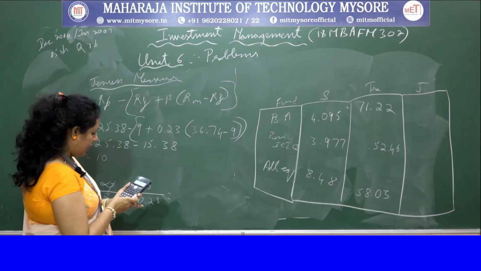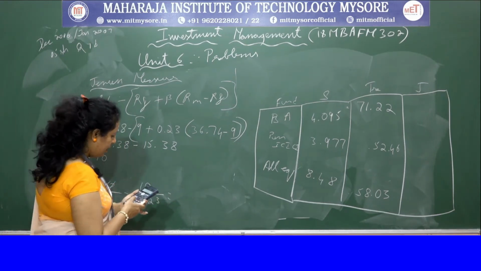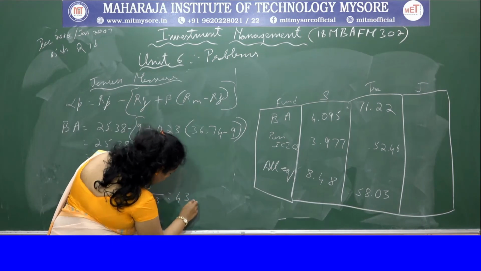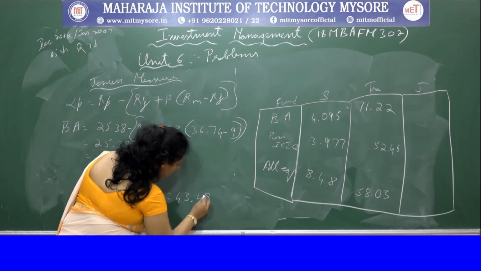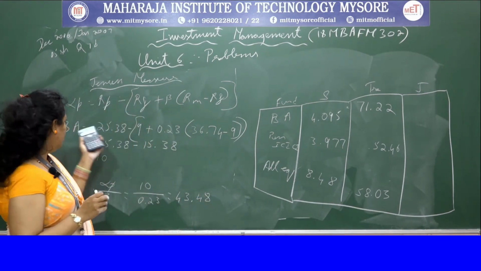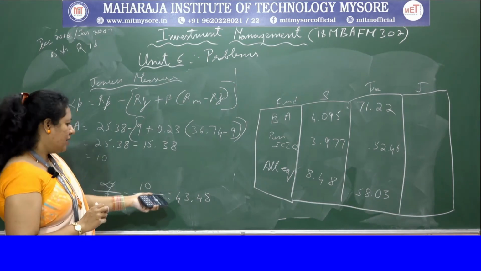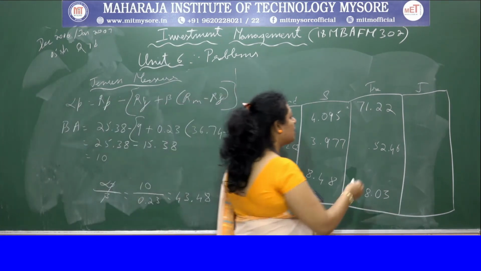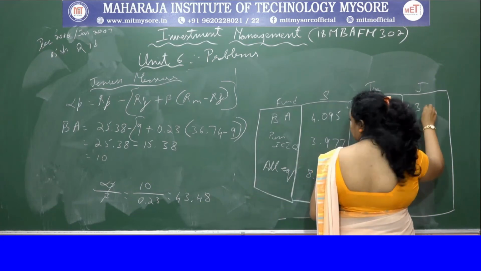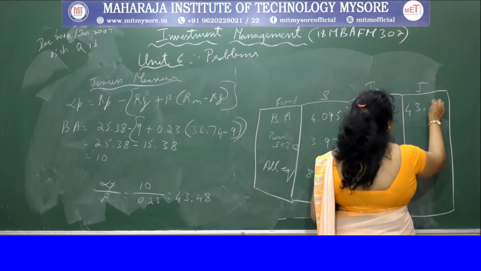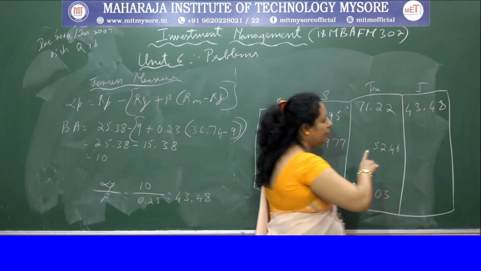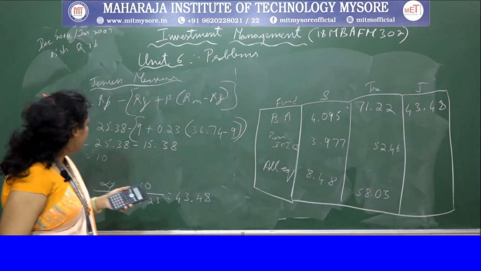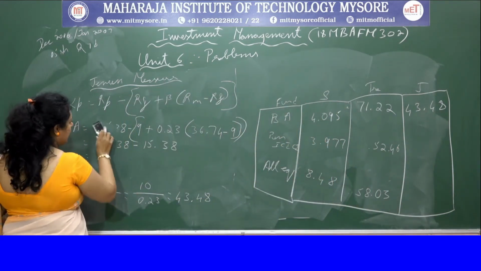So 10 divided by 0.23 is 43.48. So this is the final answer for Birla Advantage. This is what you have to write. Whenever they ask predictive ability, you have to do alpha p divided by beta. Okay, so this is done. Let's substitute other values like this.